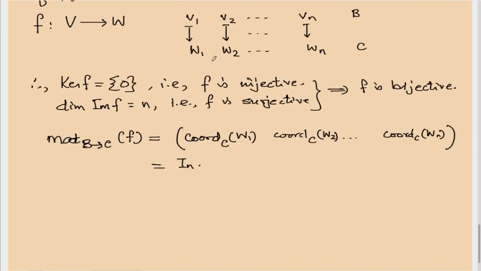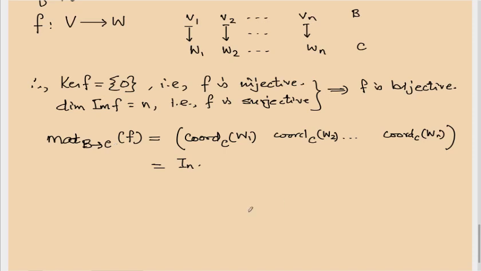So what are we doing? We want to find the change of basis from B to C. That means if you are given the coordinates in terms of B, I want to find the coordinates in terms of C. Okay?